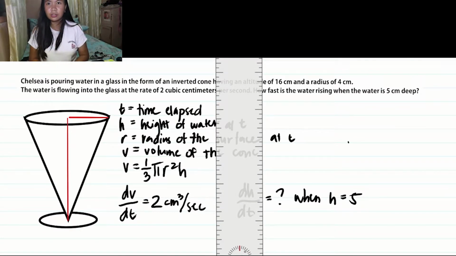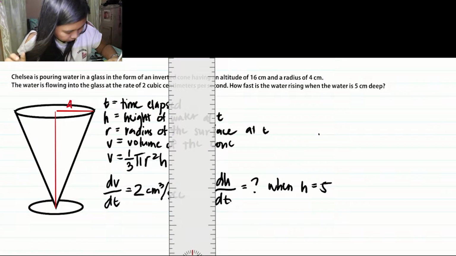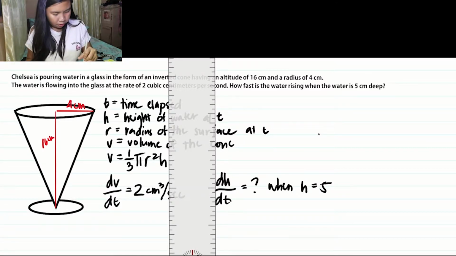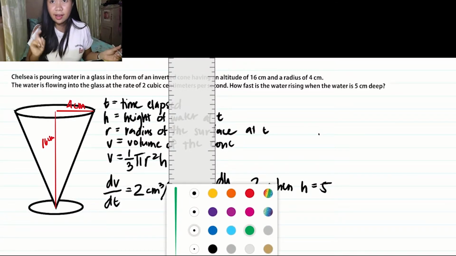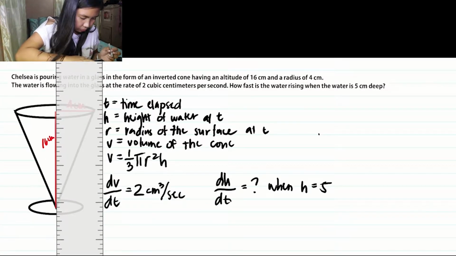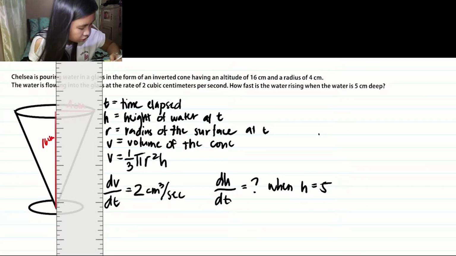That is our first triangle: 4 centimeters and 16 centimeters. For the second triangle, which is our unknown, we don't have the values, so we're just going to name them R and H.